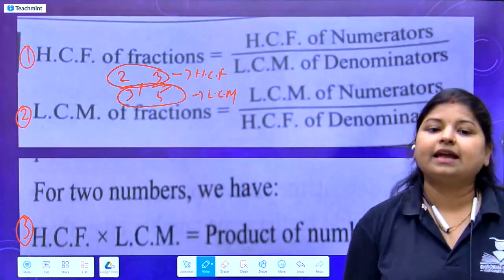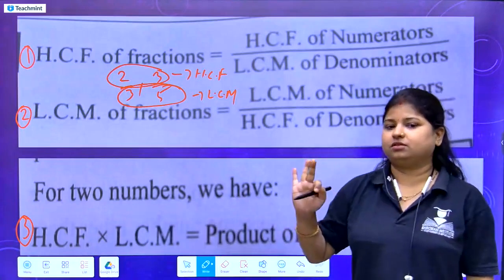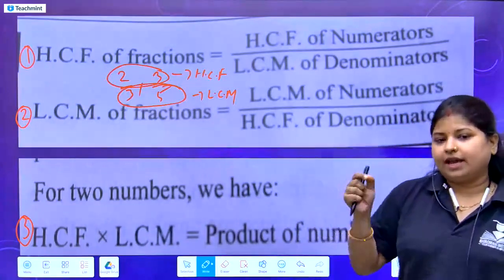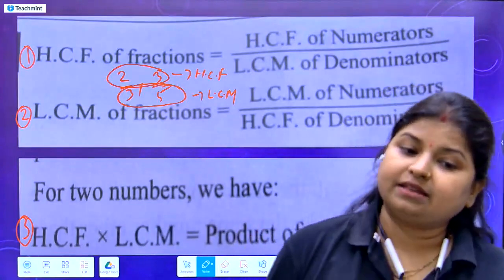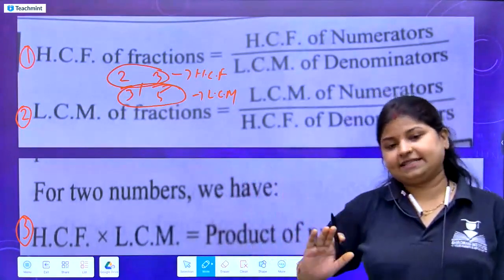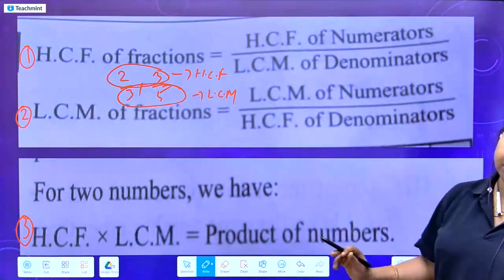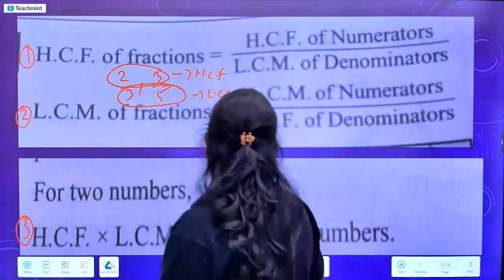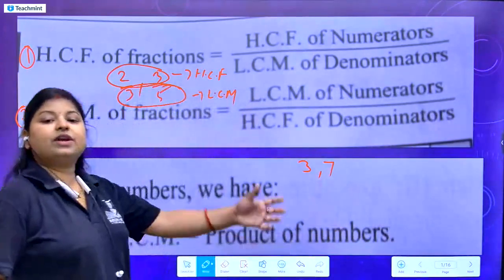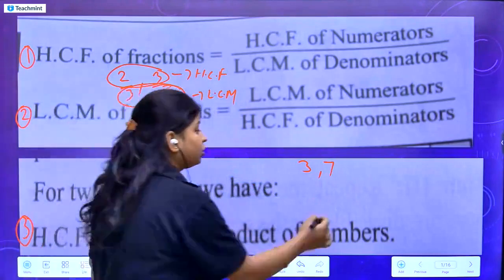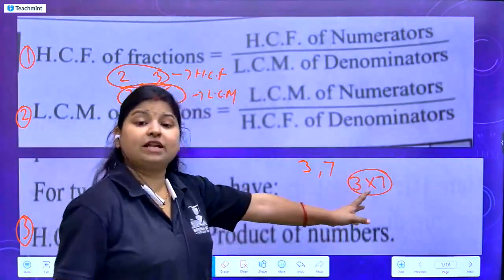Okay, and then the third formula. If HCF and LCM of numbers are given, then always remember that HCF into LCM is equal to the product of numbers. Suppose you have the numbers 3 and 7. So 3 into 7 is the product of the numbers.